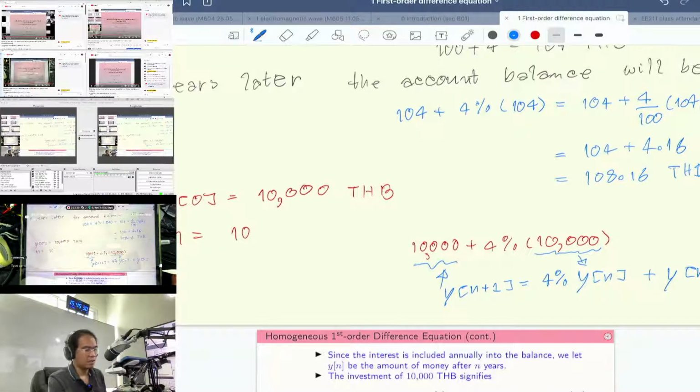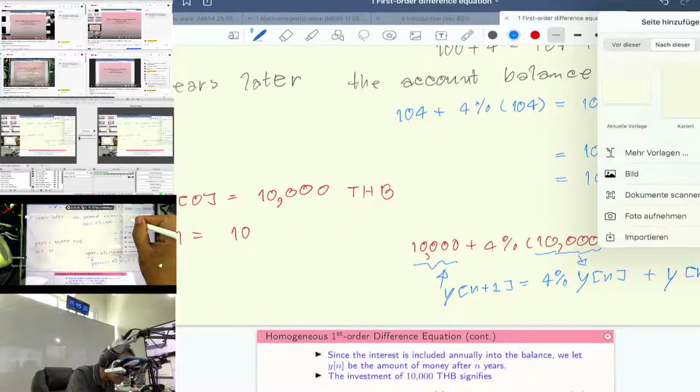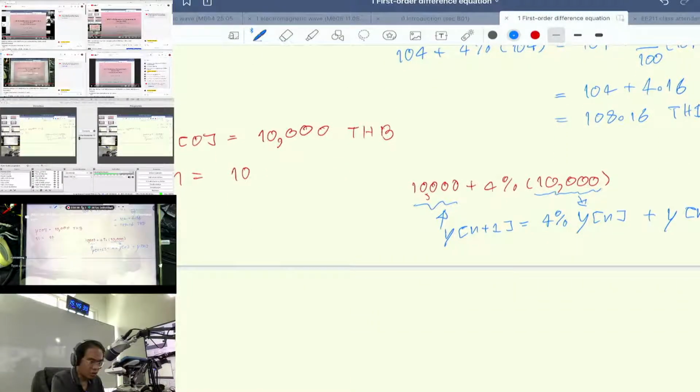Okay, and of course, we open the new page. If you combine this, you're going to get, all right, the amount after 1 year will be 4%, which is the interest, plus the initial amount.